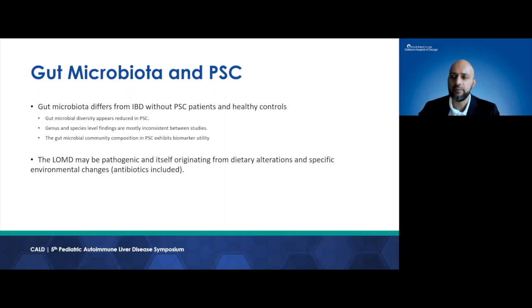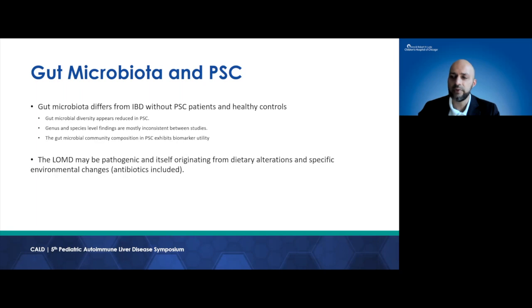Now, the gut microbiota in PSC differs in patients with PSC compared to PSC and IBD and healthy controls. The gut microbial diversity appears reduced in PSC. The genus and species level findings are mostly inconsistent between studies, but this can still hopefully be used as a biomarker in the future.